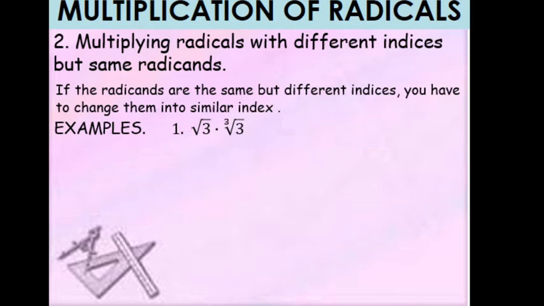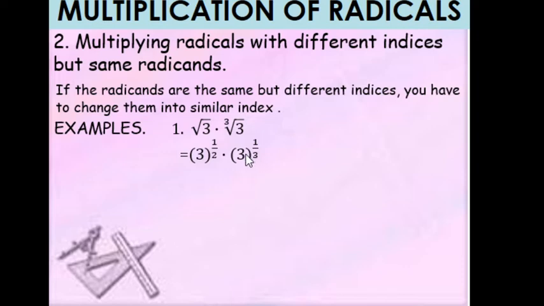Ang exponent na 1, siya yung magiging numerator, and yung kanyang index, yun naman yung magiging denominator. So, this will become 3 raised to 1/2 times 3 raised to 1/3. Ulitin lang natin, ang square root of 3 ay naging 3 raised to 1/2 at yung cube root of 3 ay naging 3 raised to 1/3.